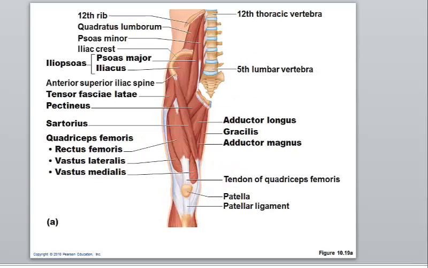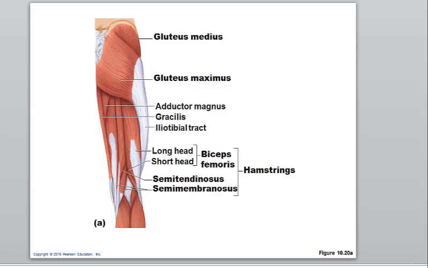Now let's look at the posterior thigh muscles that you have. We saw the hip muscles posteriorly, the gluteus, piriformis, obturators and all those things. Let's look at the posterior thigh region. You have your hamstrings. Hamstrings are made of biceps femoris, semitendinosus, and semimembranosus.